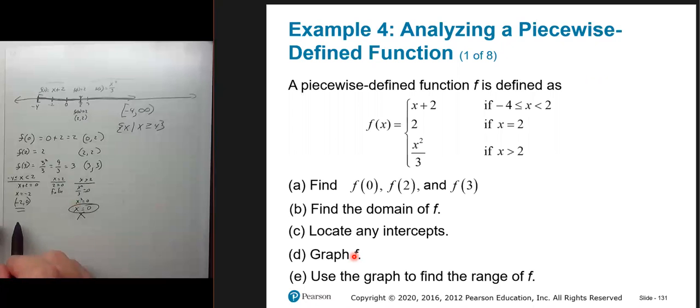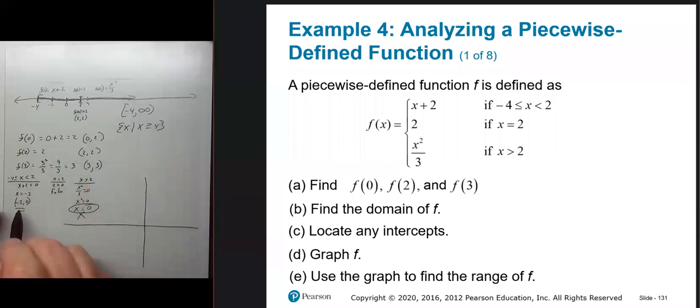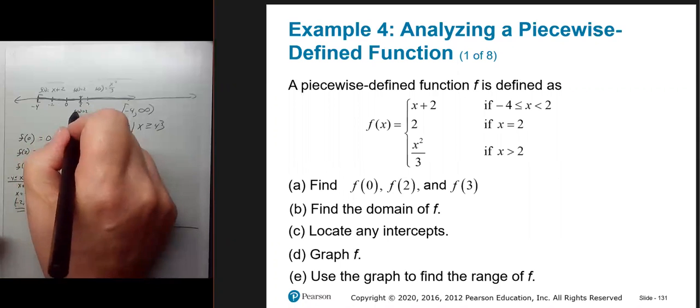So now I have a bunch of points I can graph for different parts of the function. And so I'm going to come over here. All right. I have the point (-2, 0). I have the point (0, 2). So those are my two intercepts, and they are both in this portion of the domain.